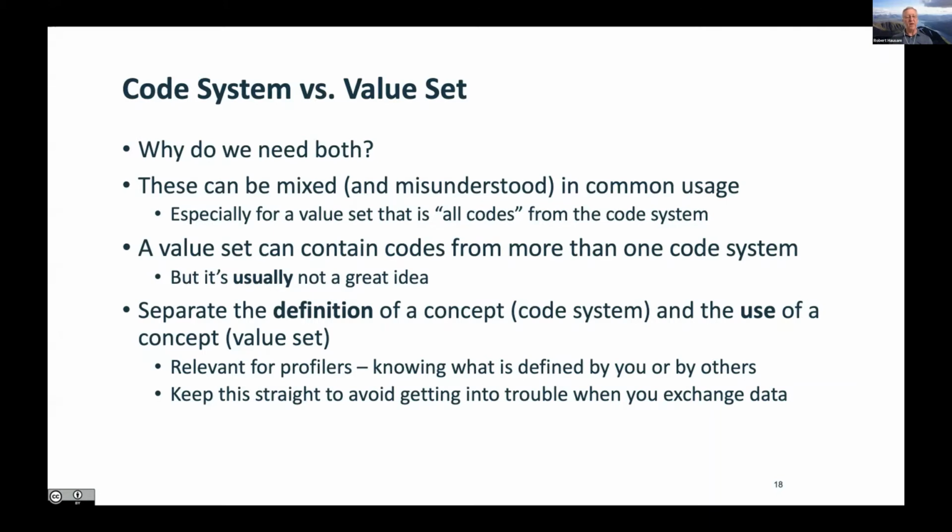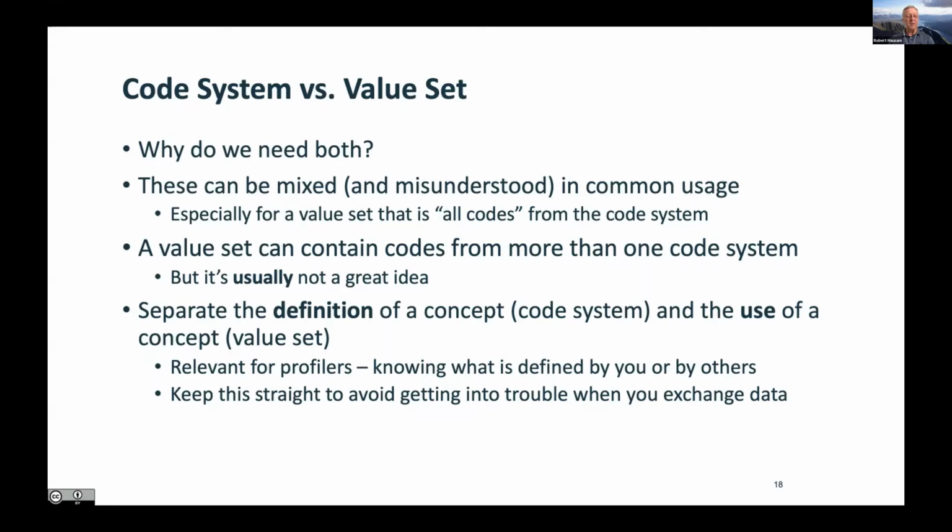Usually we try to avoid that, but sometimes it's very appropriate, particularly if we have a set of clinical codes and then a set of codes for absence or unknown or things like that that you might need to include and have in the same data element. Sometimes the value set may need to include those codes, and they may be obtained from a different code system. That's one example where that can apply.